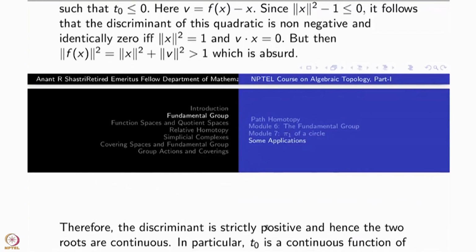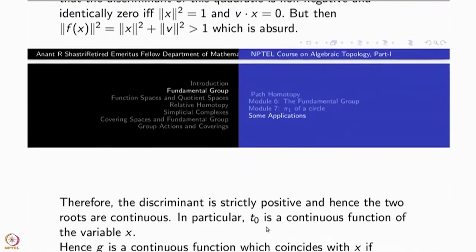So I have given you full justification why the roots of this quadratic equation are continuous functions of the variable x. In particular, the t naught, which is a solution of the equation, is a continuous function of the variable x.